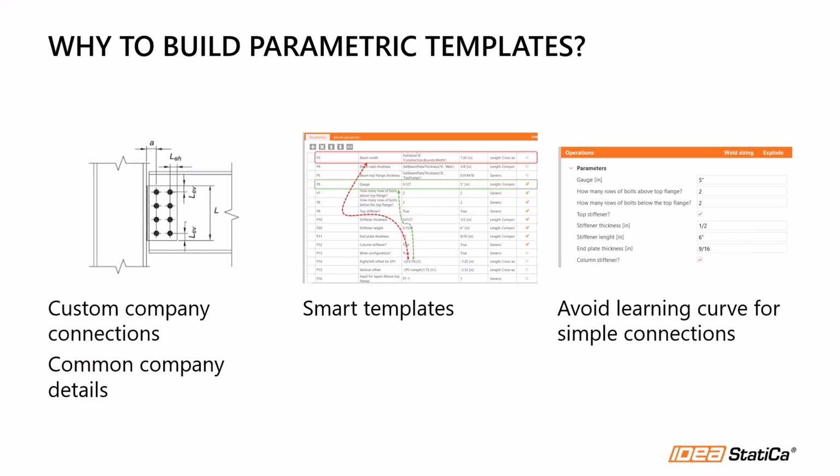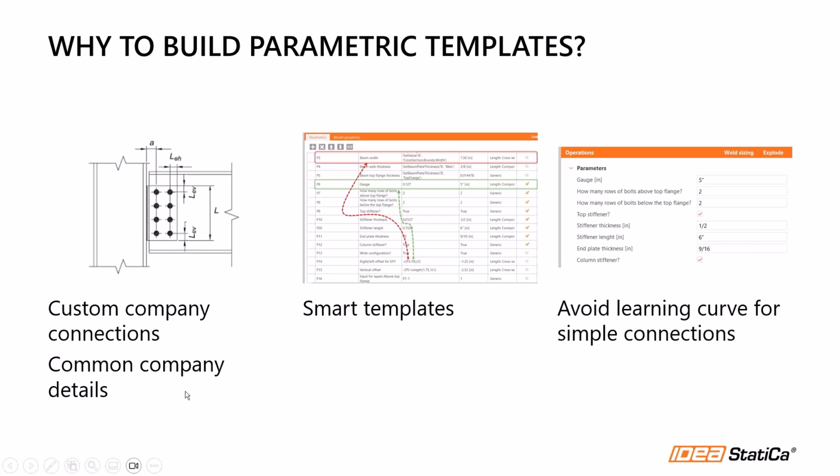First of all, maybe you have custom company connections or common company details. So you can start creating these parametric templates, and then you don't have to start from scratch every time. You can use these templates every time you have common details like shear tabs, double angle, clip angle, simple connections, right? The second benefit is that we have these smart templates.